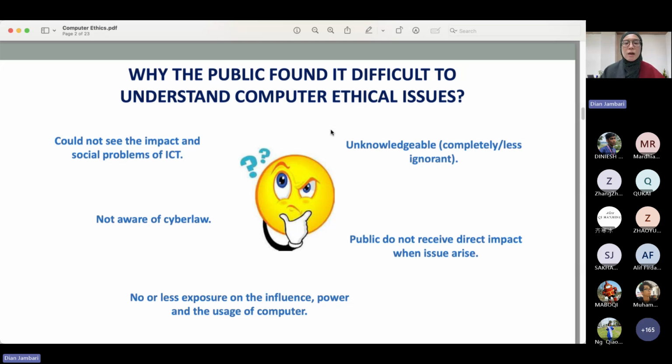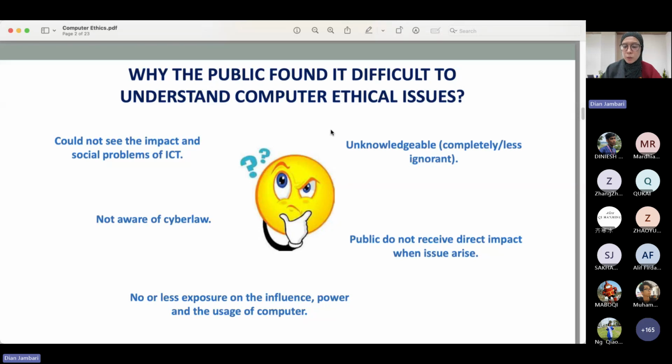So what kind of difficulty with computer ethical issues is much more general to the public that may have little or no knowledge about ICT or computers? First, those with less knowledge, the public in general, may not be able to see the impact and the social problems caused by IT.